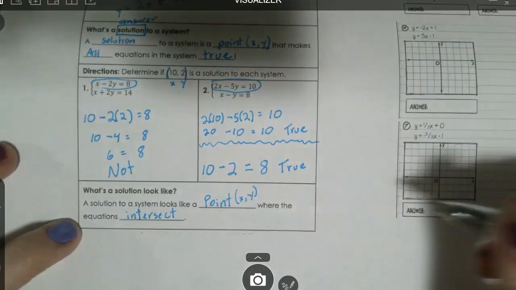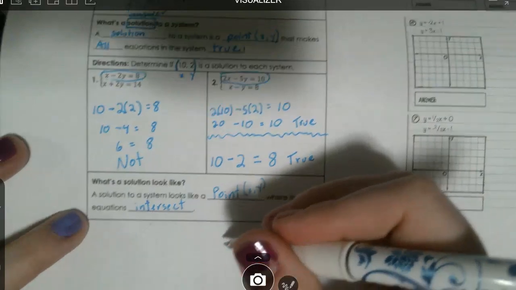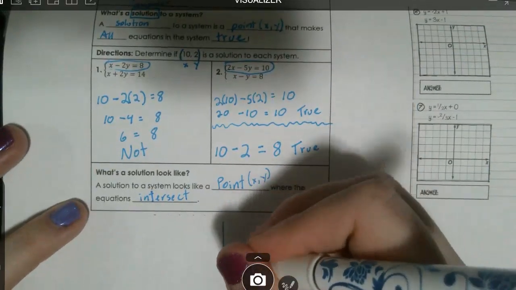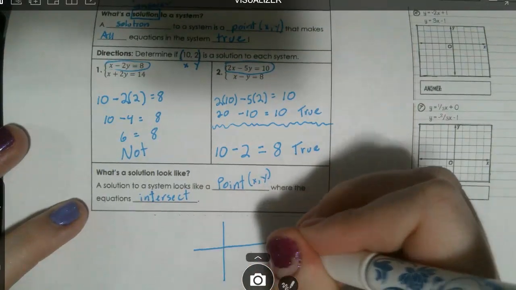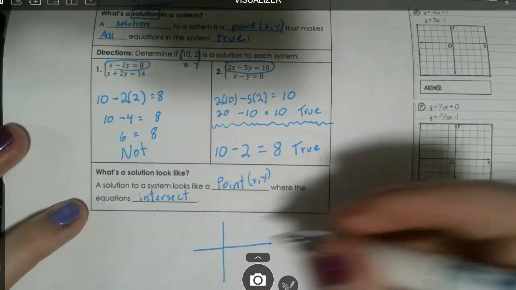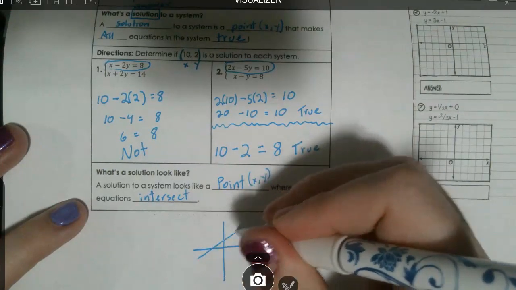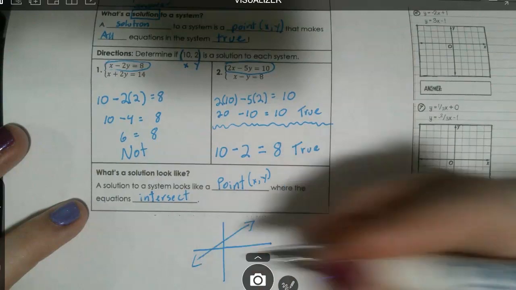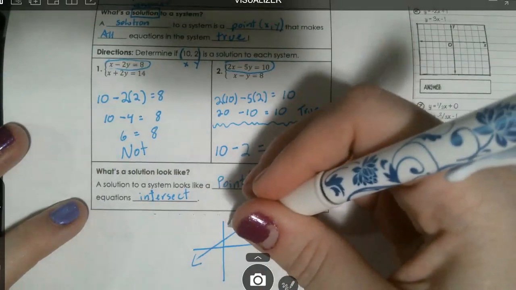We're going to go ahead and draw a little graph just right down here where you've got some space. If you were to have two equations on the line, let's say you had one equation right here that you've graphed and another one going this way.